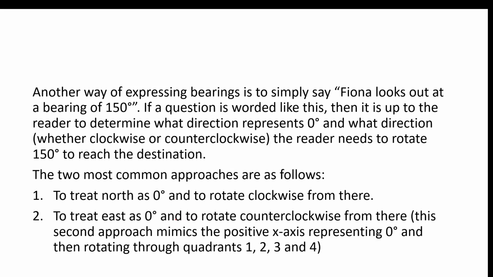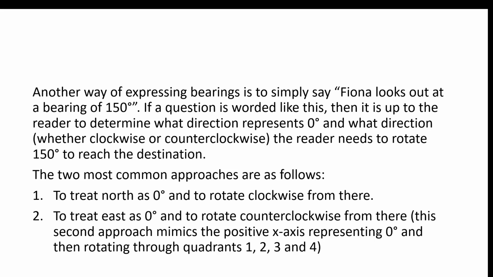Now, another way of expressing bearings is sometimes to simply say Fiona looks out at a bearing of 150 degrees. And if a question is worded like that, then it's up to the reader to determine what direction represents 0 degrees and what direction, whether clockwise or counterclockwise, the reader needs to rotate 150 degrees to reach the destination.